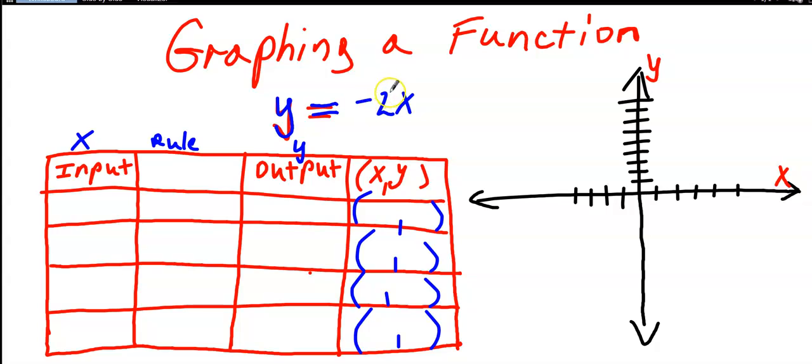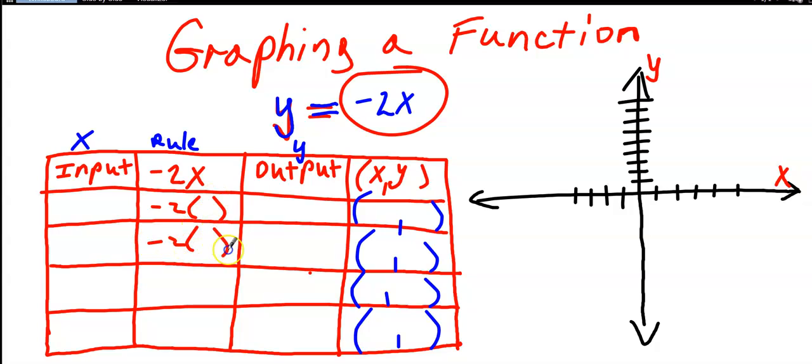Okay, the next graph we're going to try to make is y equals -2x. The -2x is the rule, so it's -2 times a number, -2 times a number, and so on. Again, I'm going to choose easy values to work with: -1, 0, 1, 2.